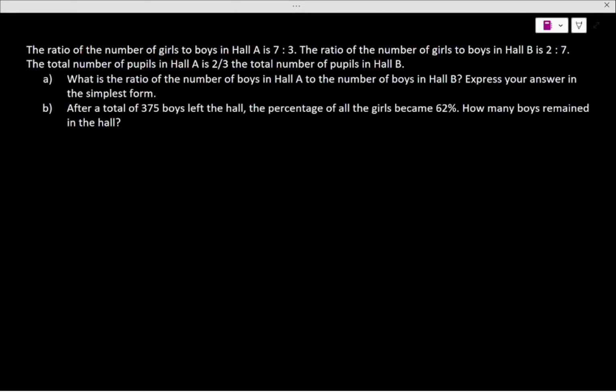So, first things first. We know that the total number of pupils in Hall A is 2/3 the number of pupils in Hall B, which means that the ratio is 2/3 is to 1. But this is not a very nice ratio to work with since there are fractions. Let's go ahead and multiply by 3 on both sides. We get 2:3. Okay, this is a much nicer ratio.